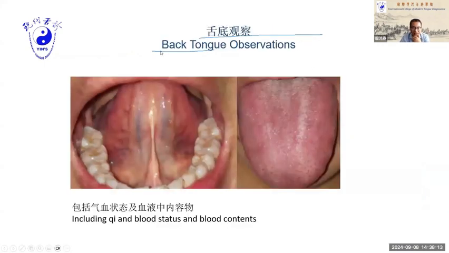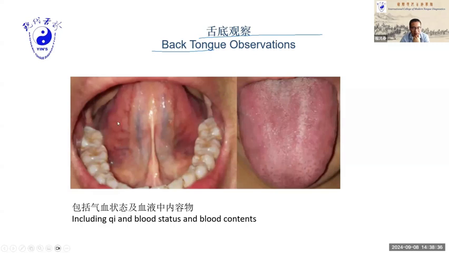This is how to observe the back of the tongue. Normally we will look at the qi and blood status and the blood contents.